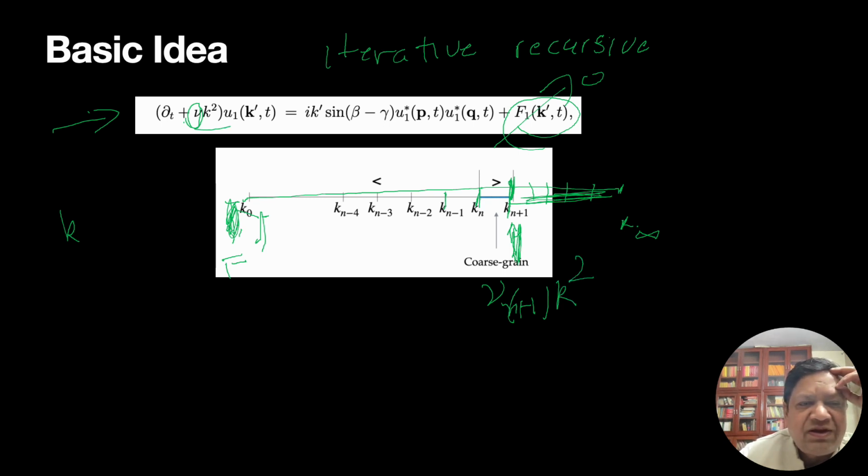Next, I have these modes already gotten rid of. Now, if I go to this scale, Kn, the viscosity at this scale is nu n. So I should get rid of this k squared.